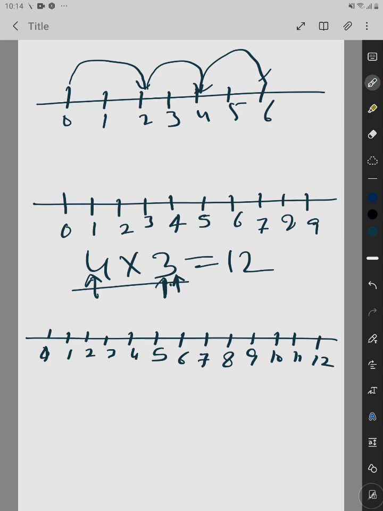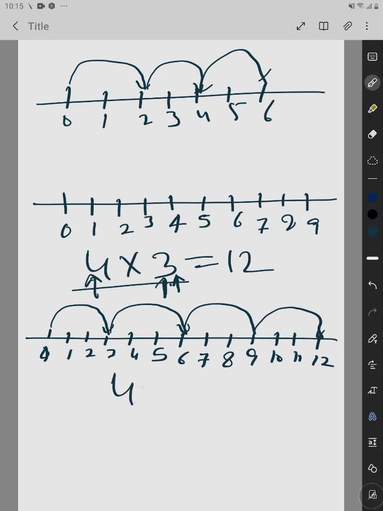For example, here it is 3, so the first jump will be 3, okay. How many times? 4 times, like this. Second time, third time and fourth time, okay. So this way we need to solve our questions, okay. This is the process through which we need to solve.